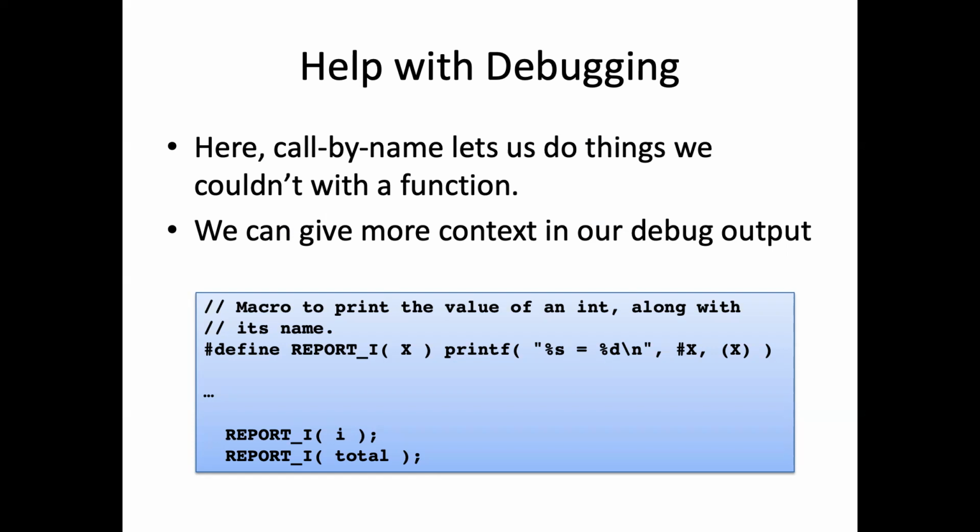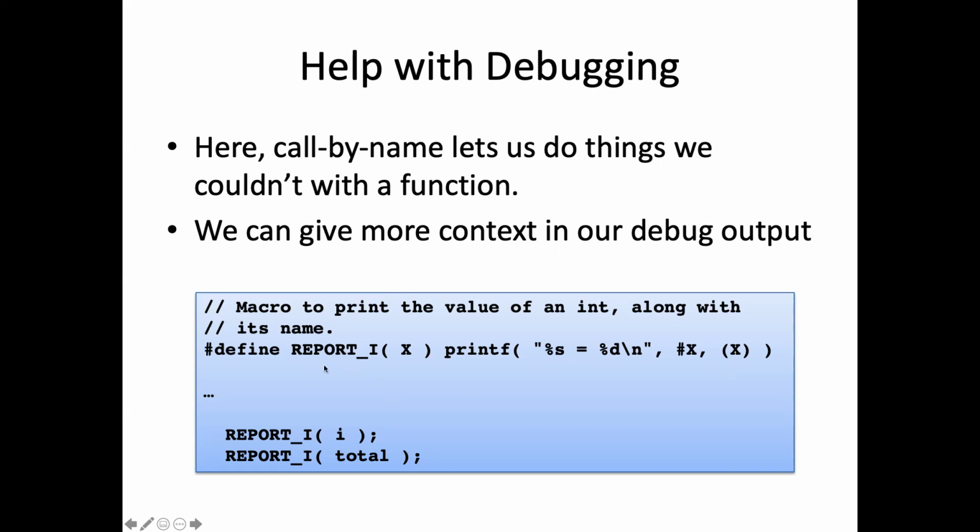Let's say you wanted to print out some debug messages. Well, normally if you were going to add printouts into your code, you might write in code to call printf, and you'd have to make a format string and get it to print whatever you wanted. But with help from the preprocessor, we can make it a lot easier to add in debug messages like that. And that's what this macro does.